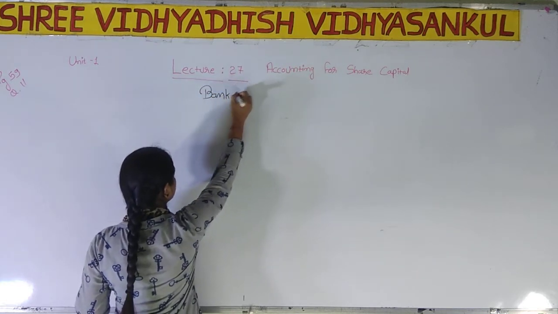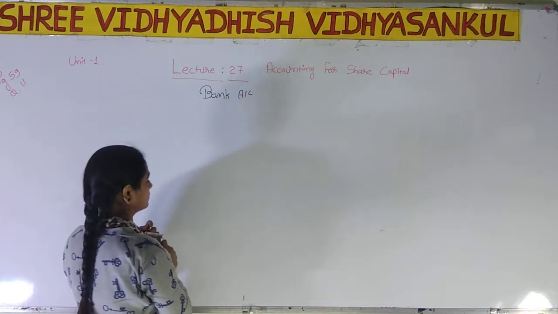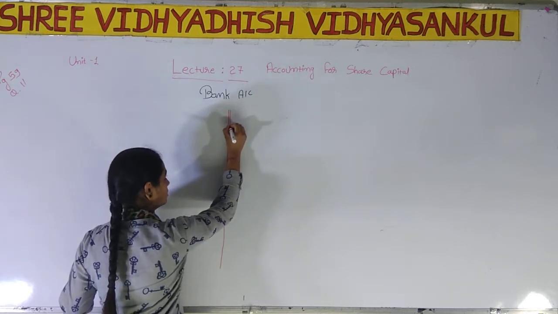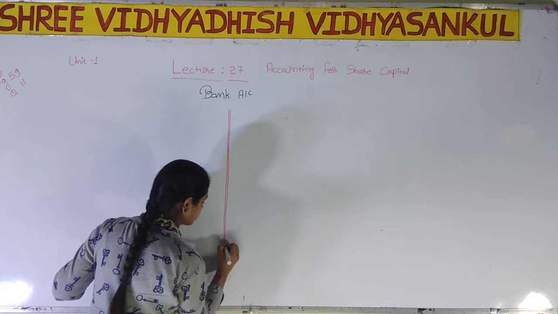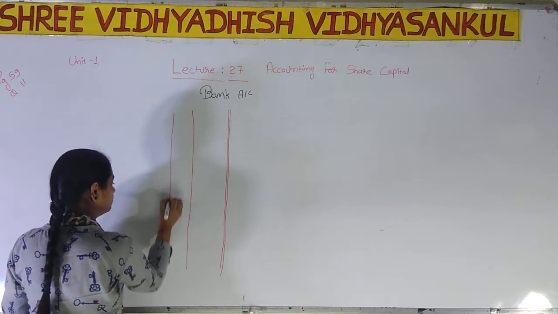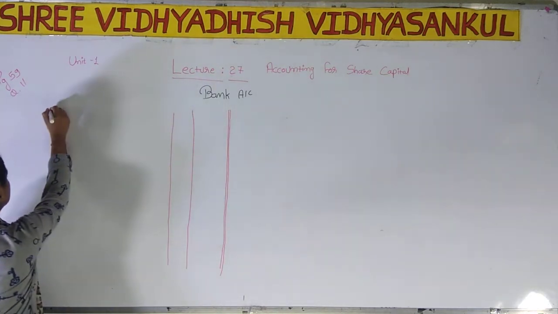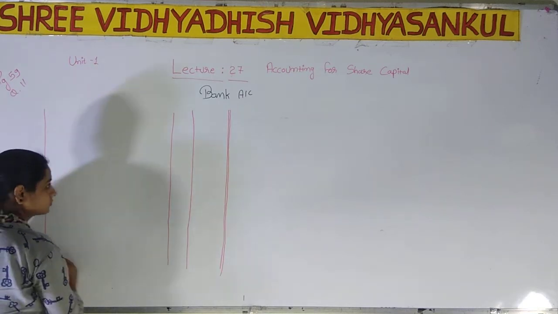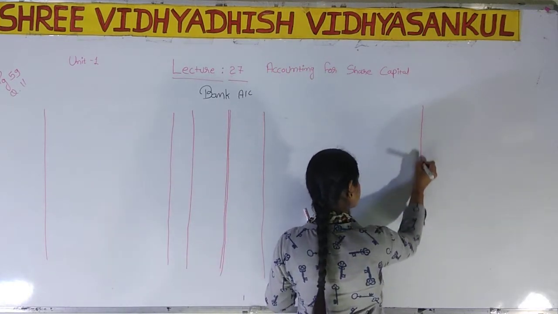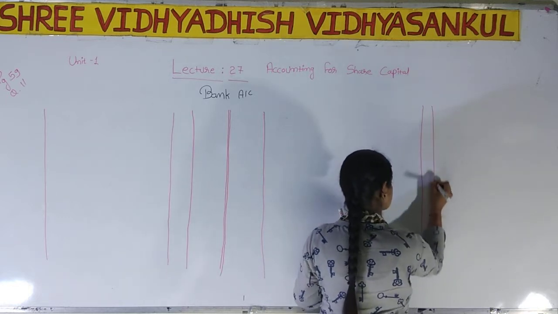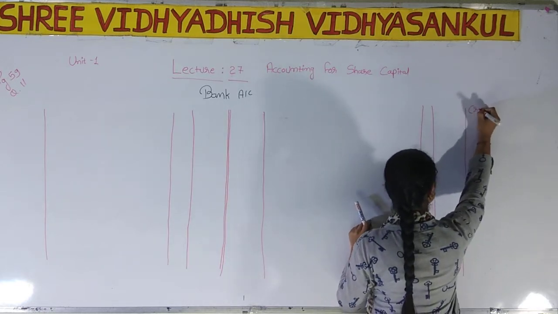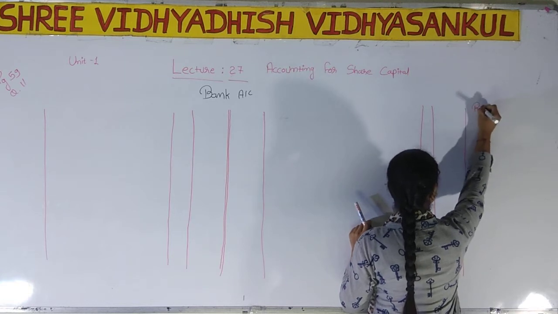So give the head bank account and draw a format of 10 to 12 lines, not pages, sorry.